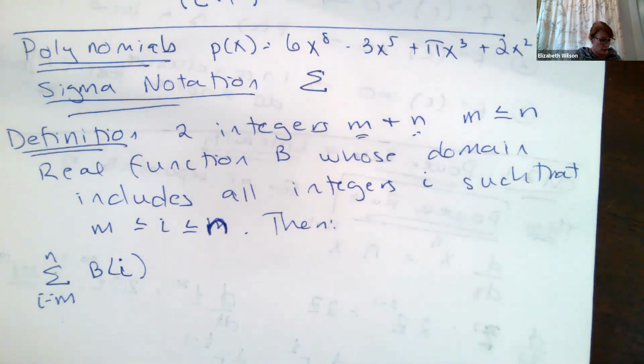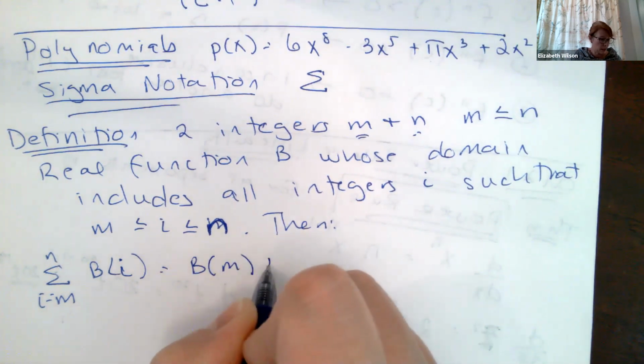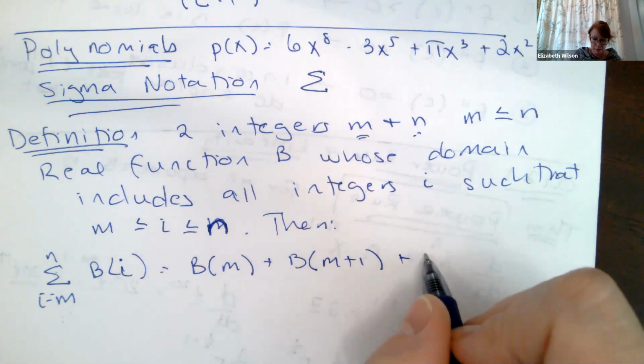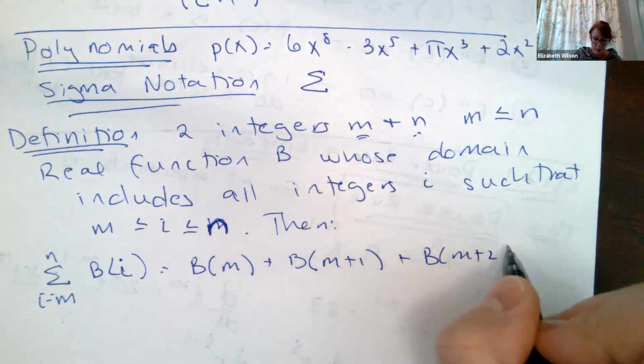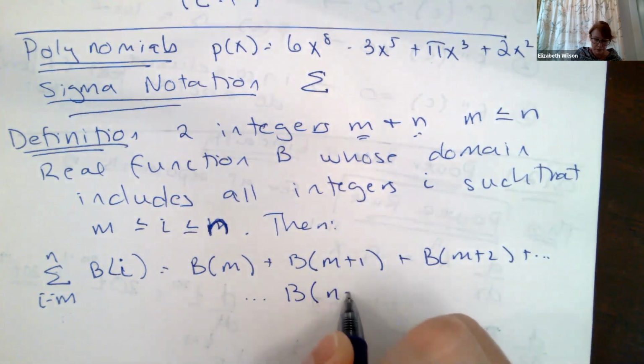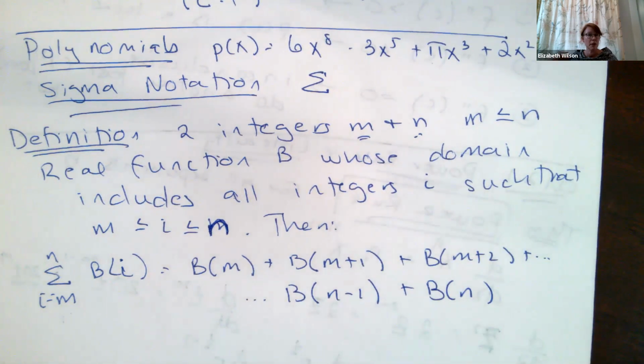This is going to look like b sub m plus b sub m plus 1 plus b sub m plus 2, and so on and so forth, all the way up until we get to b sub n. I'm going to keep summing up all of this.